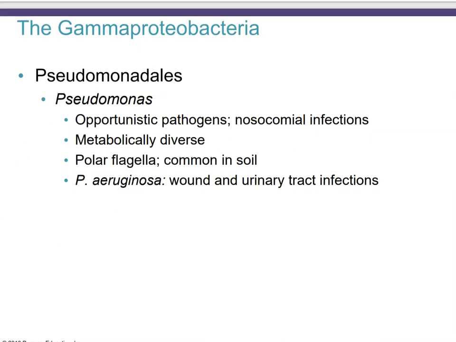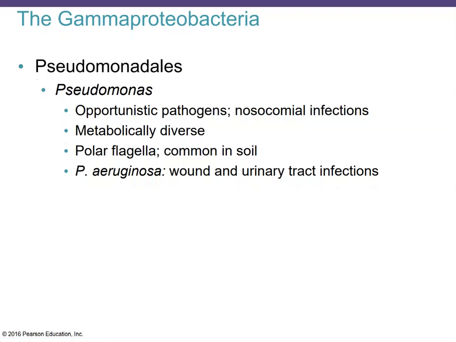And here more gamma proteobacteria. So here we have the very large group of the Pseudomonadales, and these are Pseudomonas, and there's a bunch of them. They're opportunistic pathogens, so that means they don't normally make you sick, but if you are immunocompromised or you get a good dose in a place where it's not supposed to be, then they can cause infections, and they're usually hard to treat because the Pseudomonas are gram-negatives, and your immune system has a hard time spotting them.